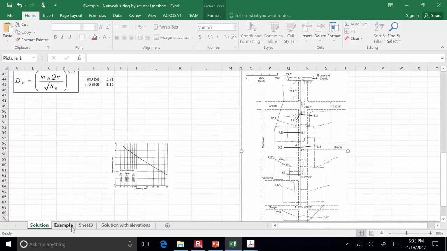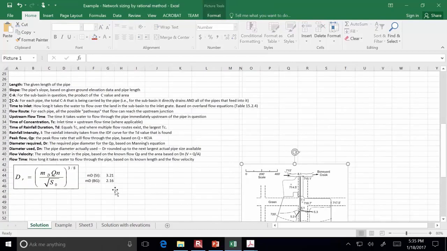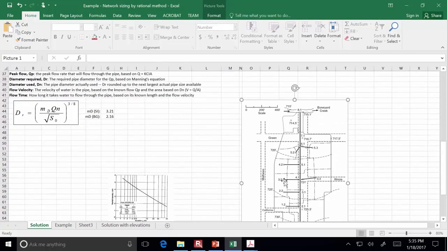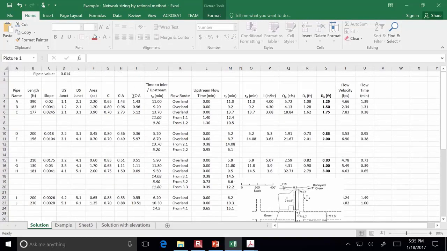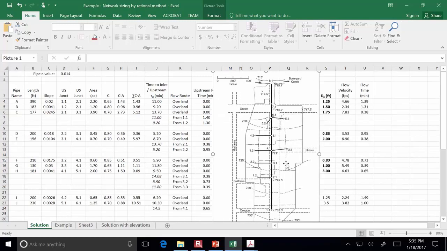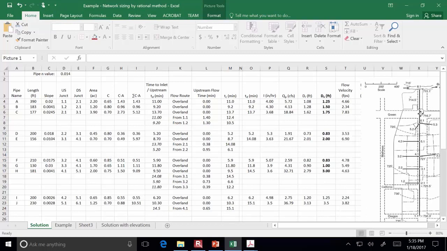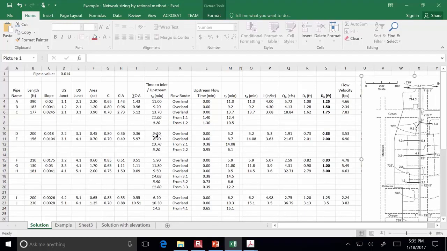So maybe it actually becomes a little bit simpler when I show you the full solution, because the full solution has other network elements as well. So let's see what happens when we get into the next group of pipes. Here is A, B, C. But now what I'm calling D and E is, here's pipe D, and here's pipe E. And what you'll notice is that for each one of these different spurs on the network, we have to calculate the contributing areas.